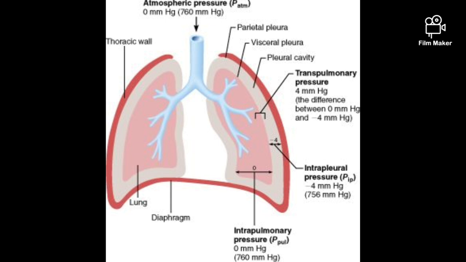The pressure within the lungs is compared to the pressure in the atmosphere. So, when the atmospheric pressure is more than the internal pressure, air is drawn into the lungs and vice versa.